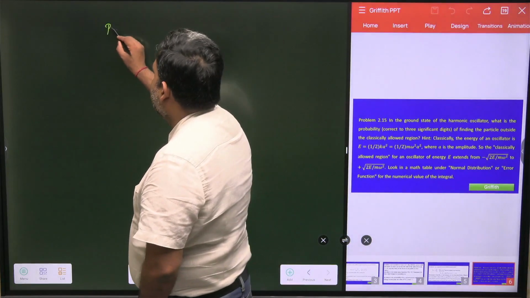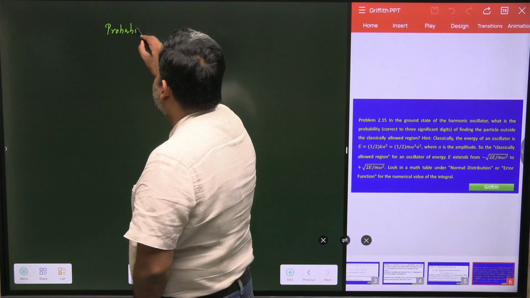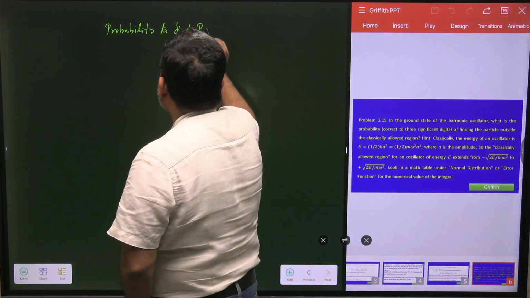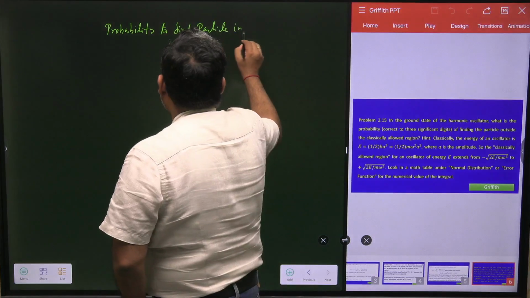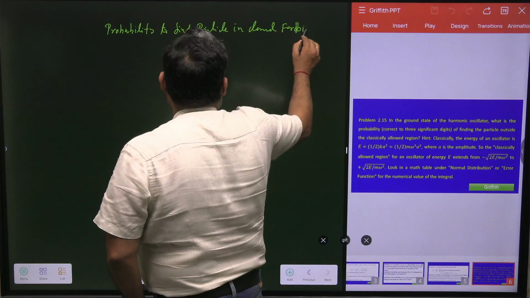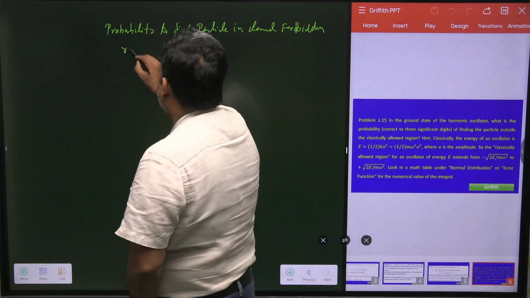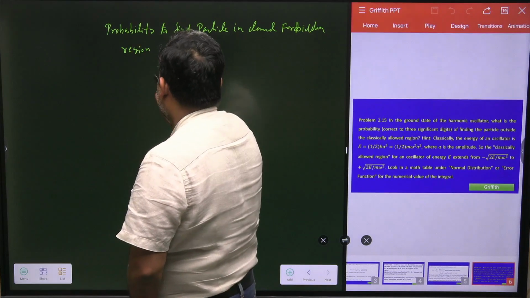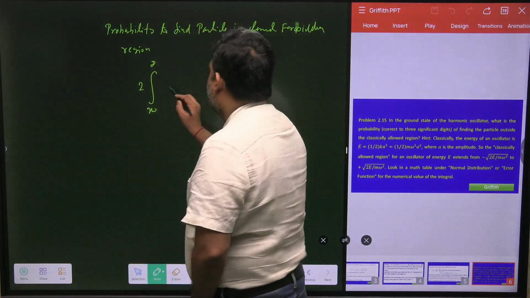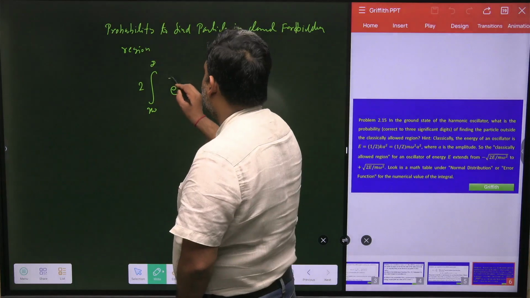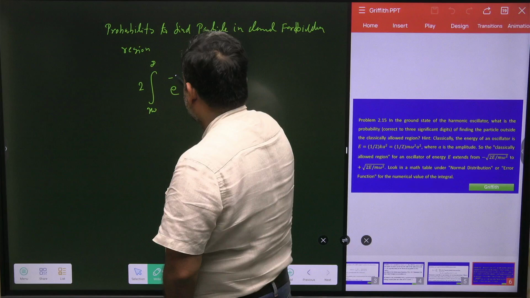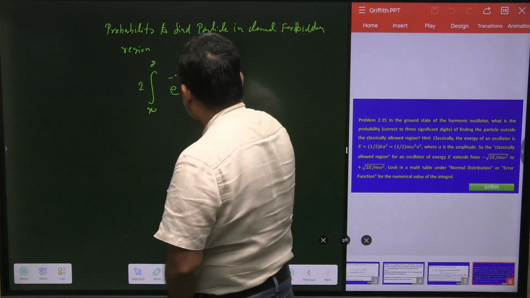The probability to find the particle in the classical forbidden region is given by 2 times the integral from x naught to infinity of rho x dx.